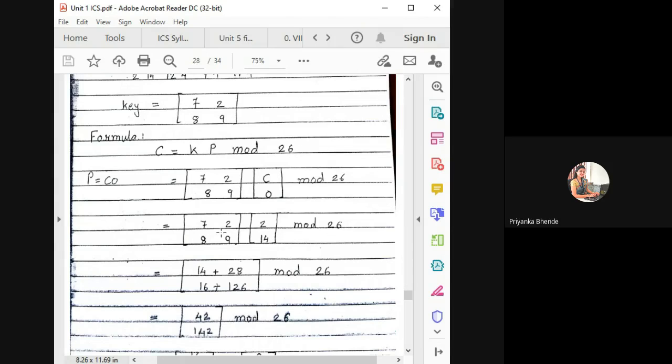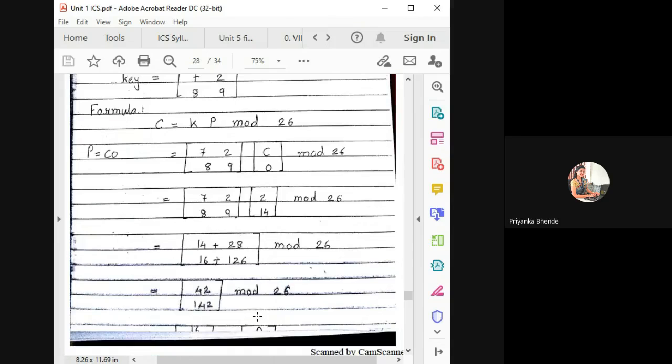Now we multiply these two matrices, and we get 42 and 142 mod 26. We saw earlier how to solve mod 26 using this method. After solving the mod of 26, 42 mod 26 gives the answer 16, and 142 mod 26 gives the answer 12.